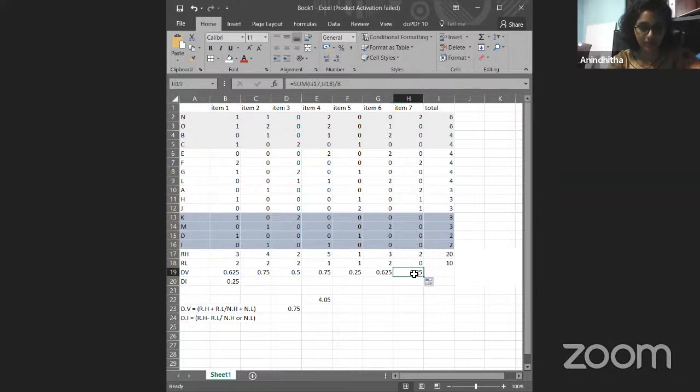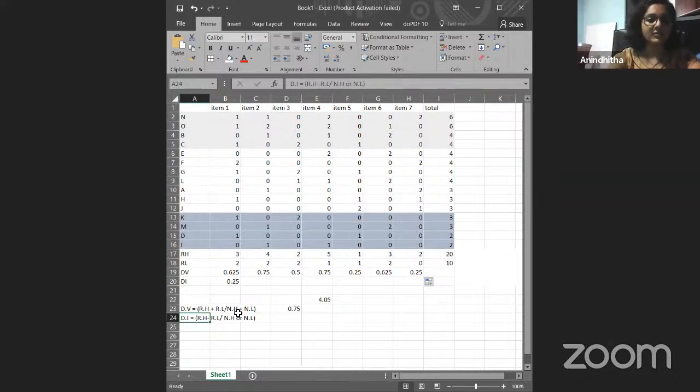So this is something you can just look at. We will also compare it side by side when we're talking about the interpretation. I will talk about it later. So now we're going to move on to calculating the discrimination index. So DV is our difficulty value. DI is our discrimination index. Just a recap of the formula, DI is RH minus RL divided by NH or NL.